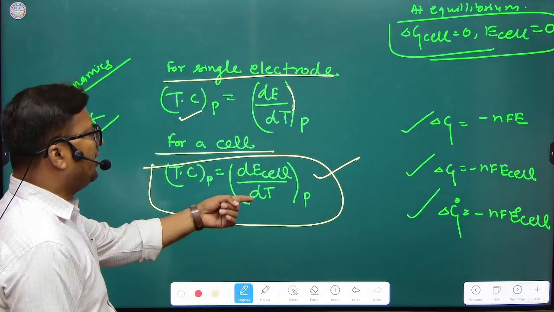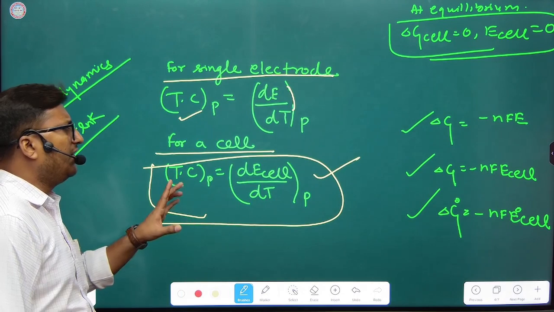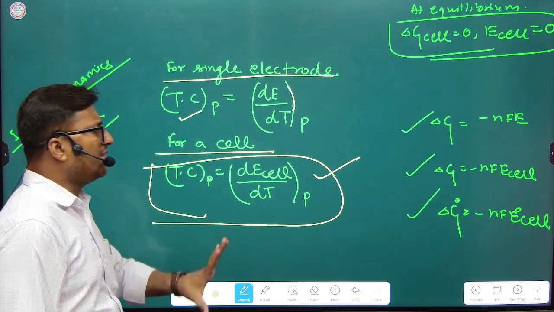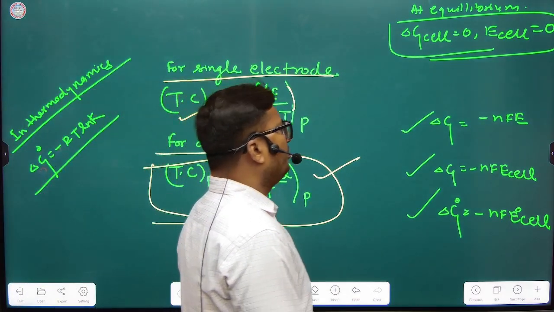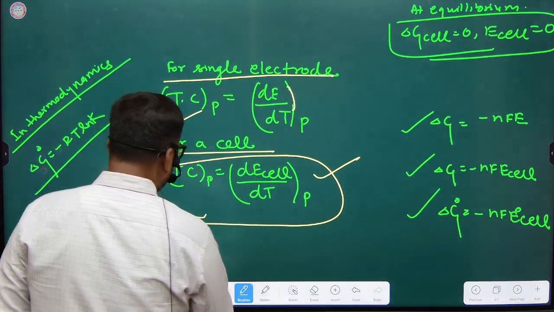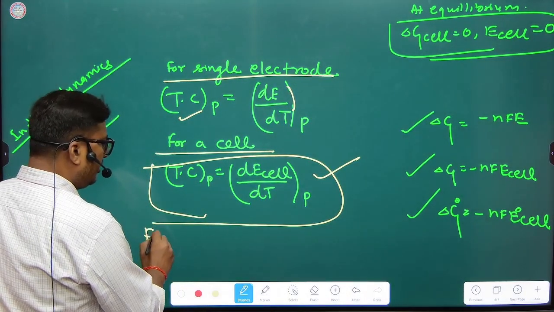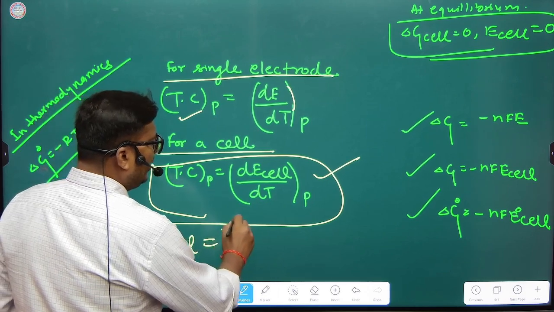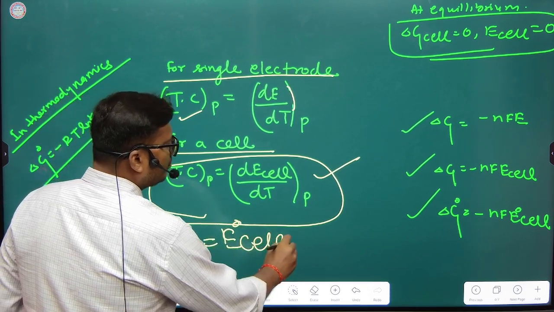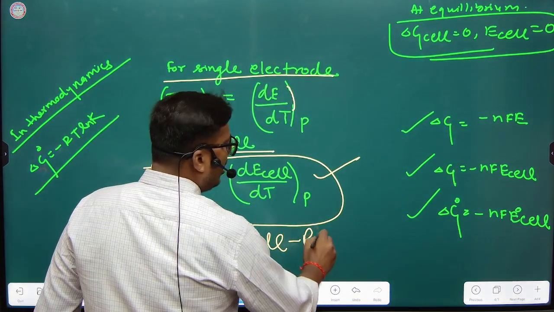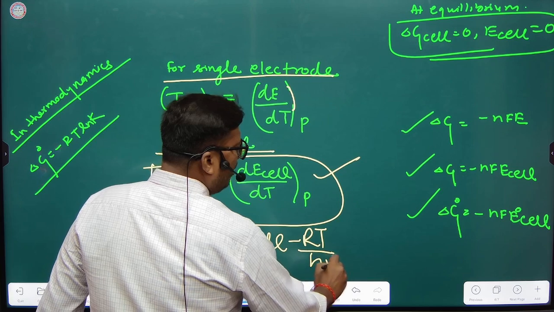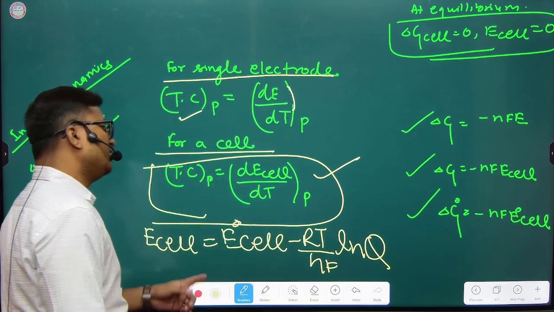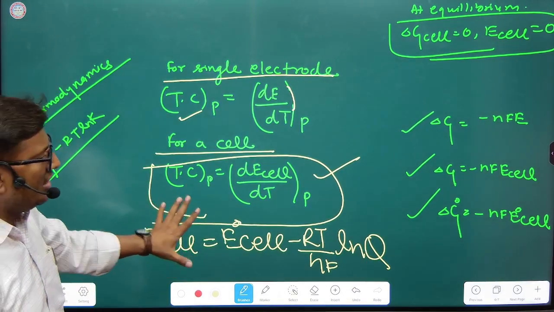If you increase the temperature, accordingly the cell potential will change, and if you decrease the temperature, the cell potential will change. Because in the Nernst equation, E cell is equal to E naught cell minus RT upon nF ln Q. This is your Nernst equation for an electrochemical cell.